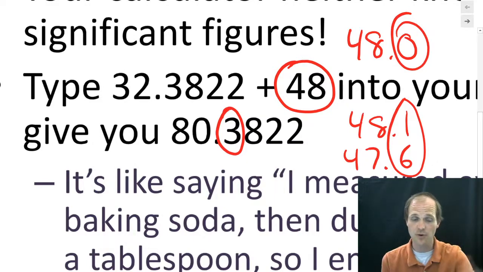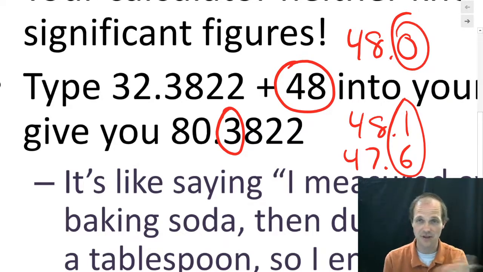Can I assume that 48 just means 48 exactly and it's 48.00000000? No. You can't assume that about most numbers, because just because someone reports 48 doesn't mean they measured all those other digits. It probably means they measured the 4 and they measured the 8 and they didn't bother measuring the rest of the things, which is okay, but our math needs to take that into account.